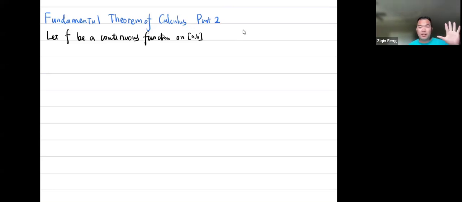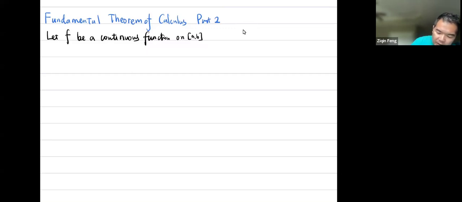Definite integral, which is a limit of some Riemann sum, is very hard to evaluate. Antiderivative, on the other side, is a bit easier to evaluate if you know derivatives. So they are connected. That's why this result is called the fundamental theorem of calculus.